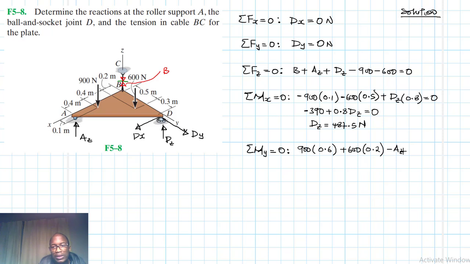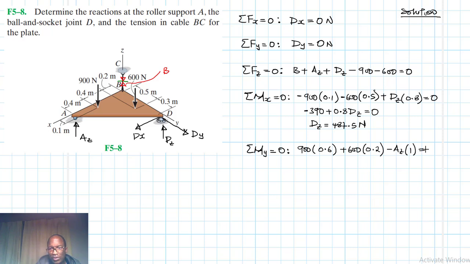So it will be AZ times 0.4 plus 0.4 plus 0.2, which is 1. DZ will not cause any moment about the y-axis because the lever arm is equal to 0. Tension B will also not cause any moment about the y-axis because this lever arm is equal to 0, just like it failed to cause any moment about the x-axis because this lever arm also is 0.